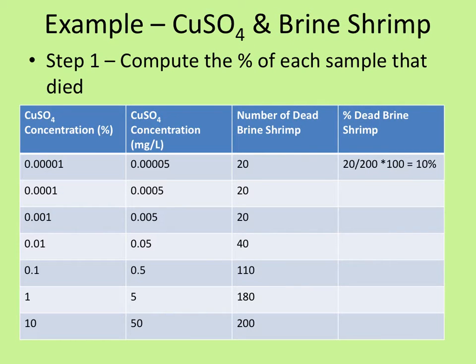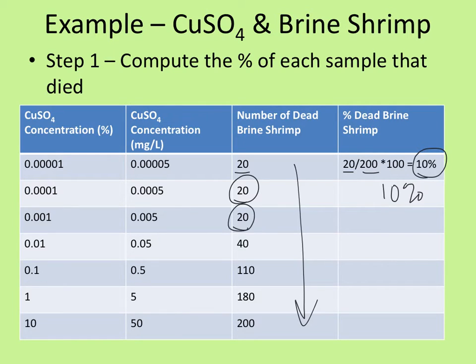Step one, first thing I do is you're going to figure out the percent death or percent mortality. So you're going to figure out what you have, the number that died, now figure out the percentage. So every group was out of 200, so here 20 died, and there was 200 in the bin, so 20 divided by 200 times 100 is 10%. That means this one here is also going to be 10% because it's 20.